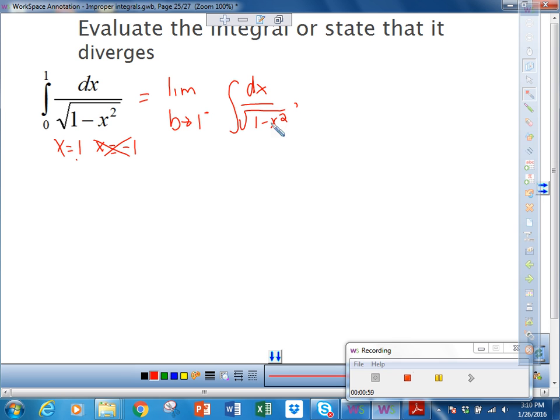Now, as you may have already realized, this just simply gives me sine inverse of x. So this is the limit as b approaches 1 from the left of sine inverse of x.